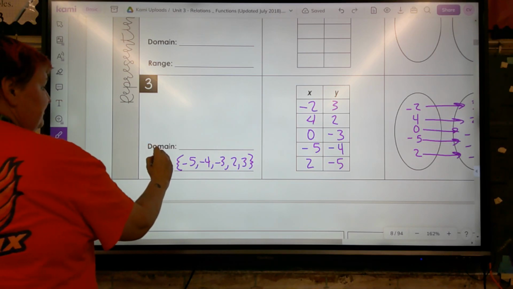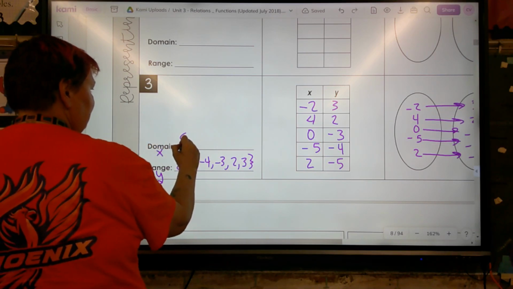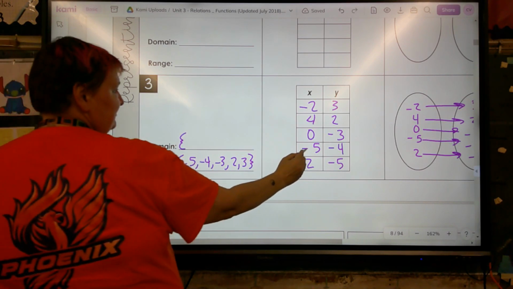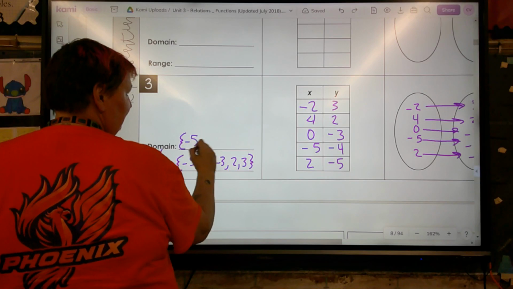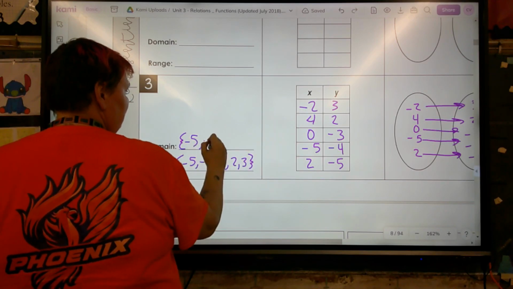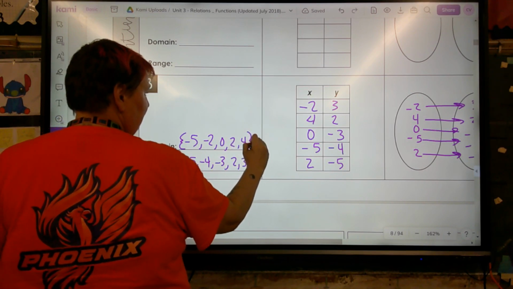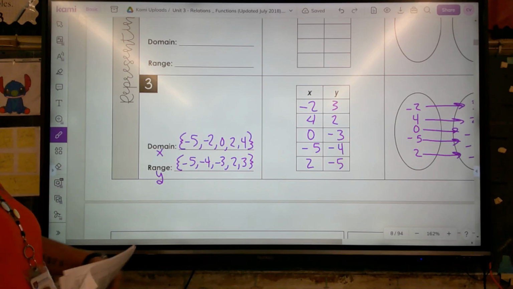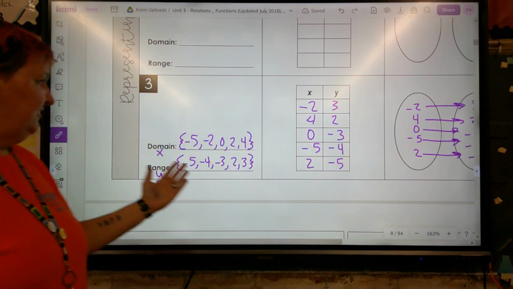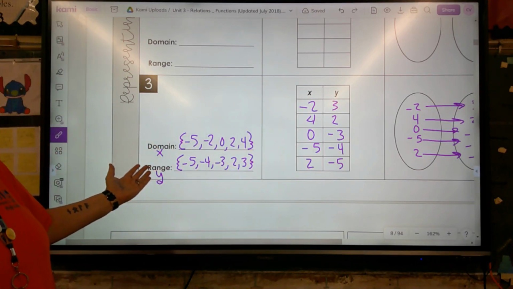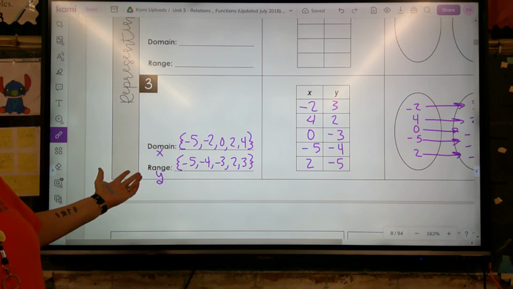And our domain is our X values. Lowest to highest, -5, -2, 0, 2, 4. All right, again, we use the table to find our domain and range.